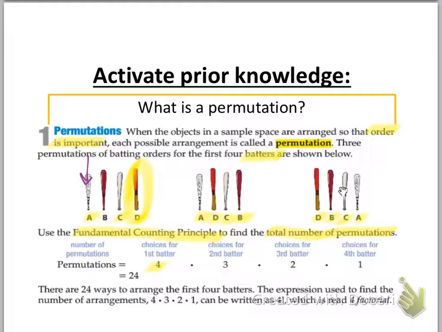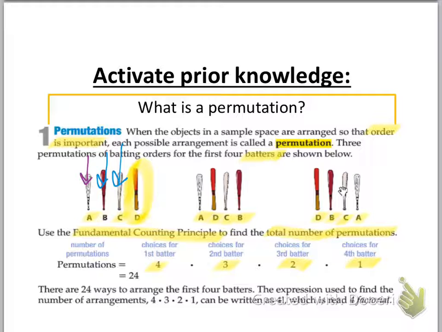Once the first position is chosen, the second batter only has 3 possible choices. Then the third batter has 2 possible choices left over, and finally, whoever's left over is the last batter. So 4 times 3 times 2 times 1 will give you 24.